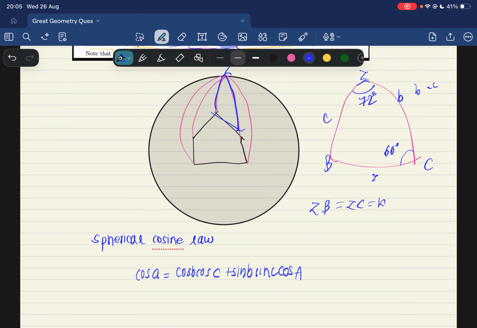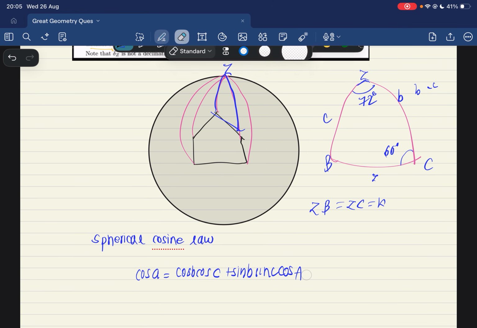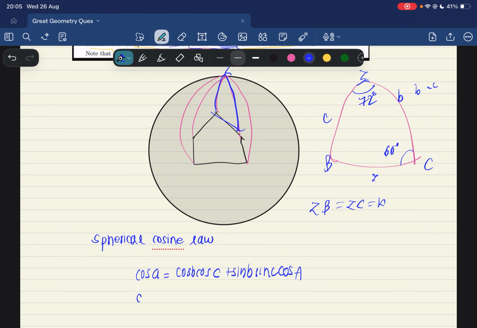So now what we're going to do is just put in the values. So let us consider, for your easiness, that it is cos z. I'm sorry for this confusion. It's going to be cos b cos c plus sine b sine c cos 72, right?